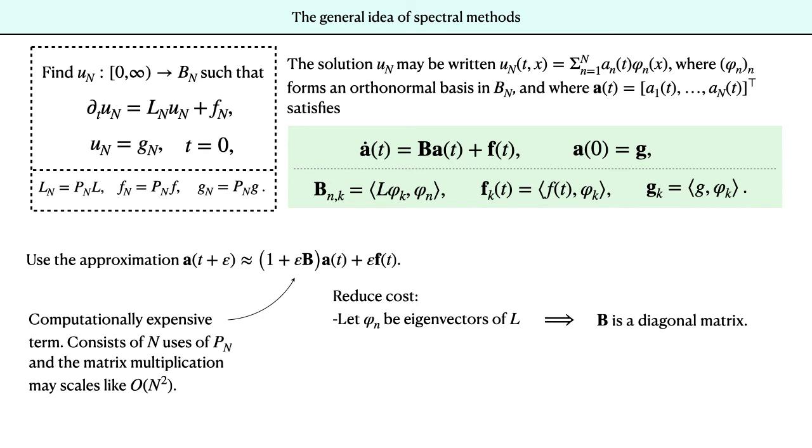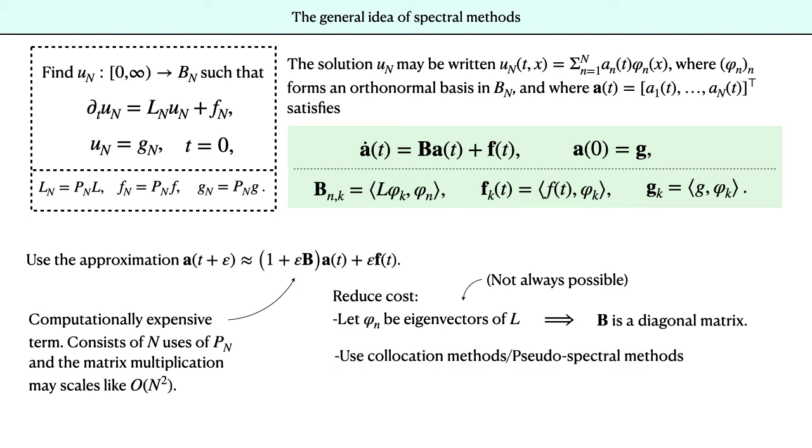So in order to reduce the cost computationally, this is where you can really simplify the problem. If, for example, your orthonormal bases are eigenvectors of the operator L, then B is a diagonal matrix. But of course, this is a dream scenario, and it's not always possible to get a full family of eigenvectors of L. If L was just multiplication with X, for example, you would not get a full family of eigenvectors.